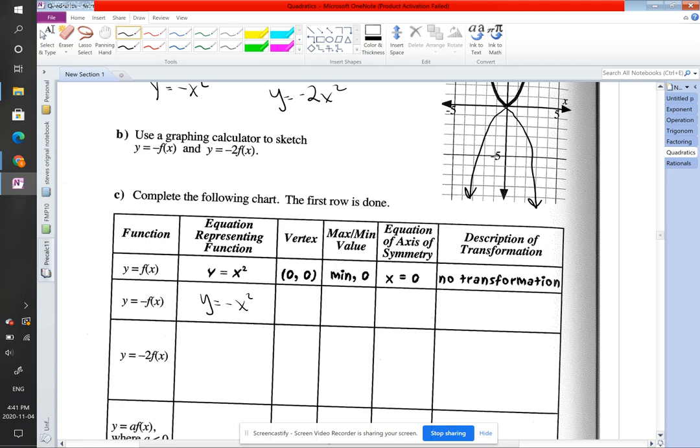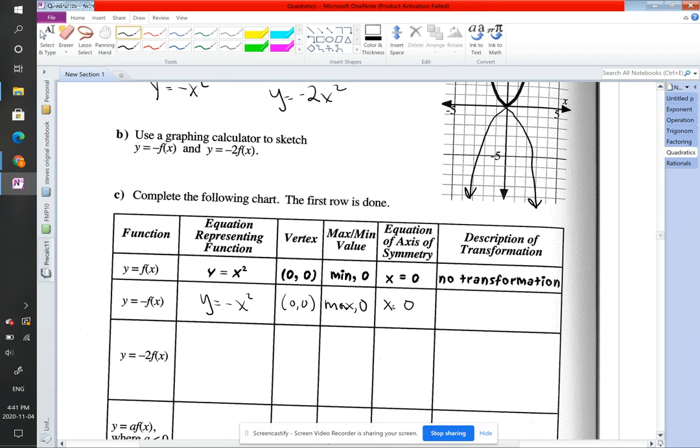So our vertex is still 0, 0. Now, instead of a minimum, because we flipped it, that has become a maximum. It's the top, right? It's the peak. And it's also at y 0. The equation of the axis of symmetry is still through x is 0.